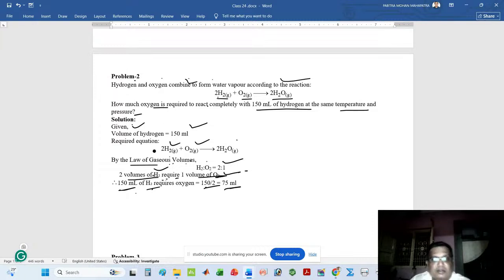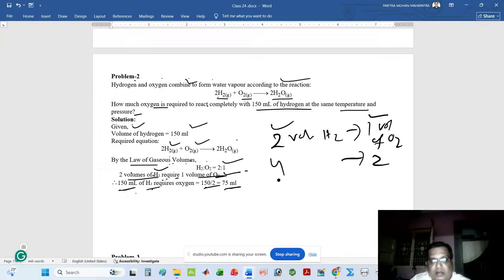Again, I want to repeat: 2 volumes of hydrogen require 1 volume of oxygen. That means if you take 2, here half. That means 2 by 2, that is 1. If you take 4, here 2. If you take 100, here 50.